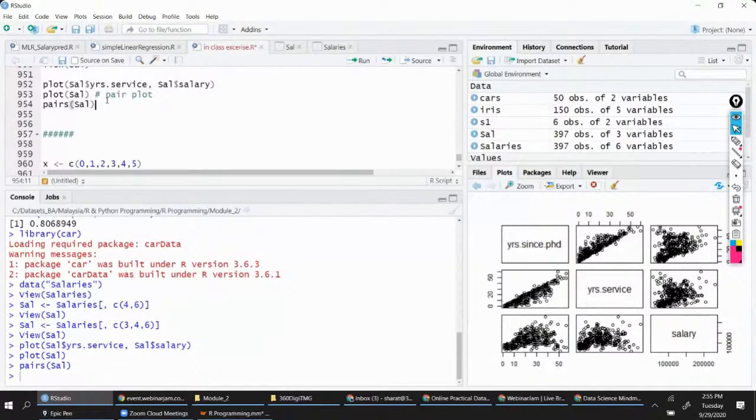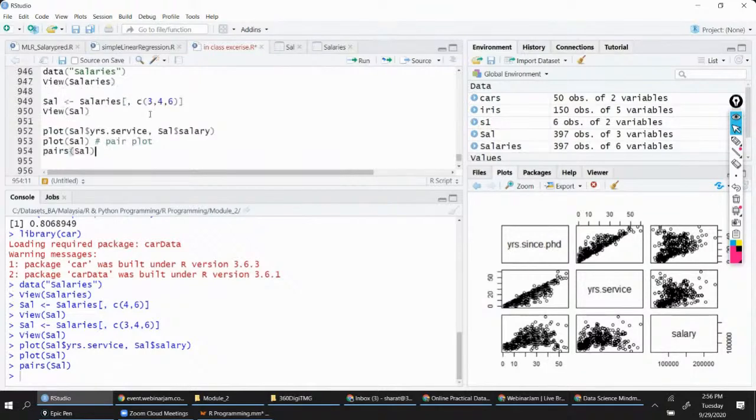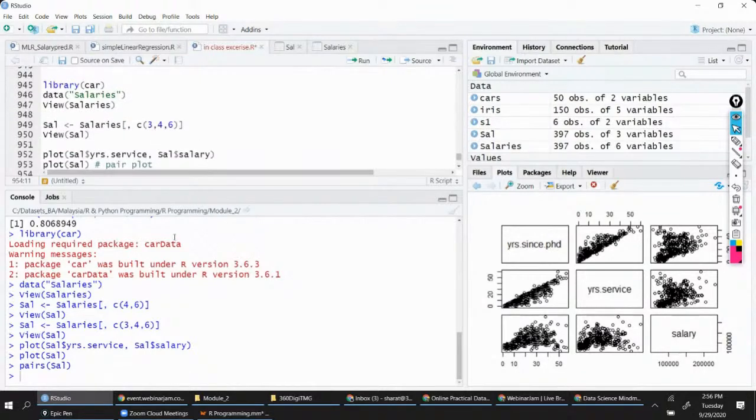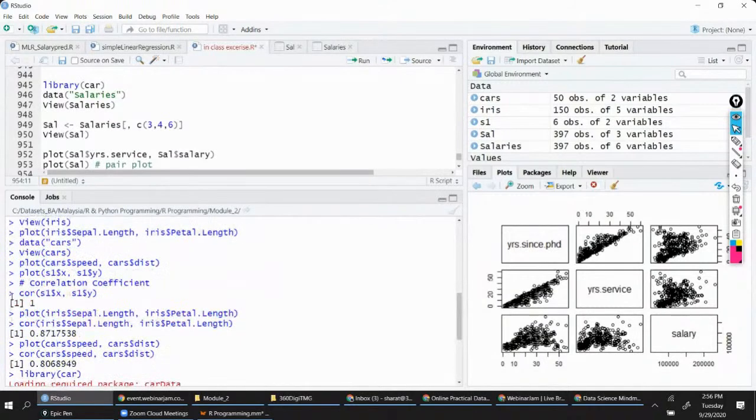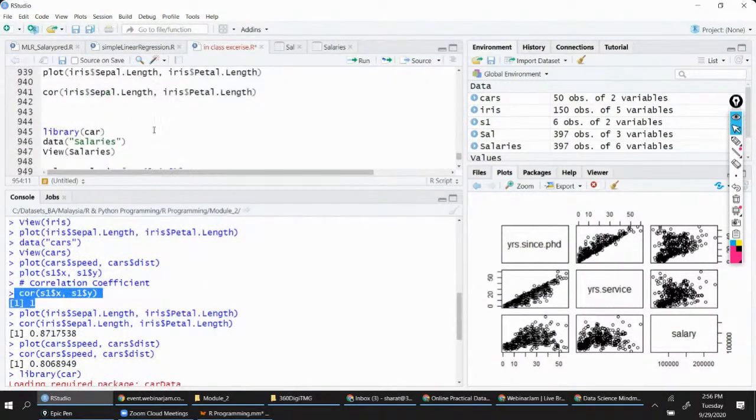But this is only from the perspective of the scatter diagram. How about measuring the relationship between multiple variables? To measure the correlation between x and y, we used cor, and we passed cor of x comma y. So how about doing the same logic as the scatter diagram?